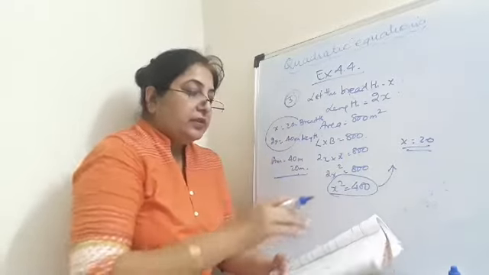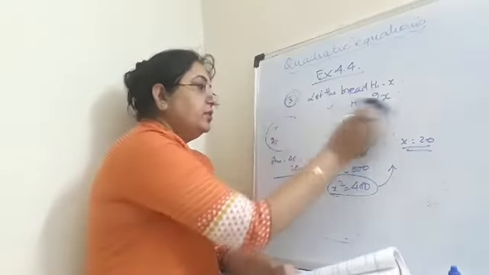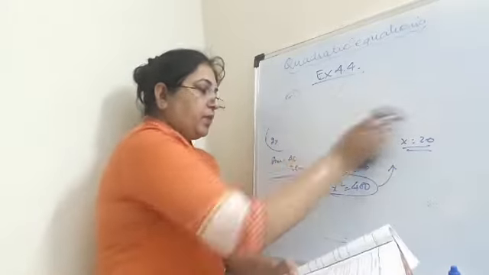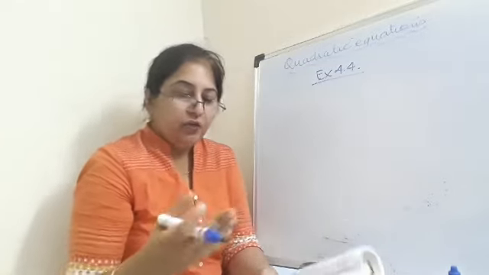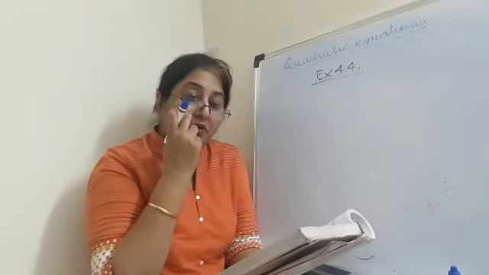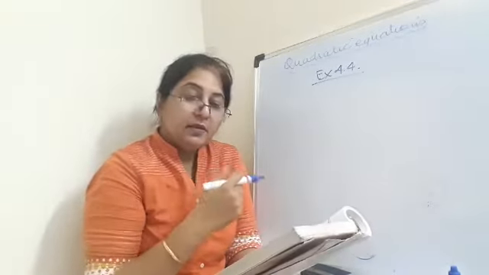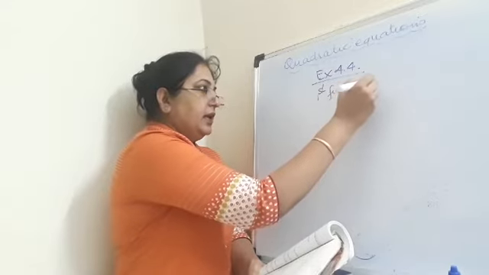Question number 4 says, is the given situation possible? And what is that situation? The sum of the two friends' ages is 20 years. There are two friends whose sum of the ages is 20 years. So let the first friend's age be x.